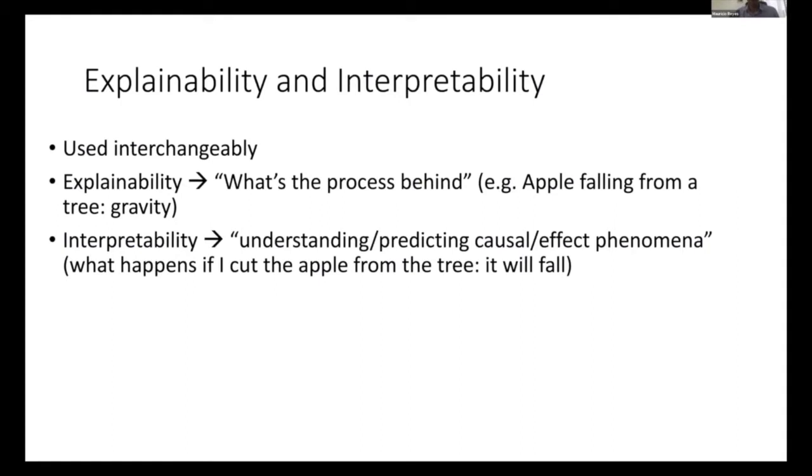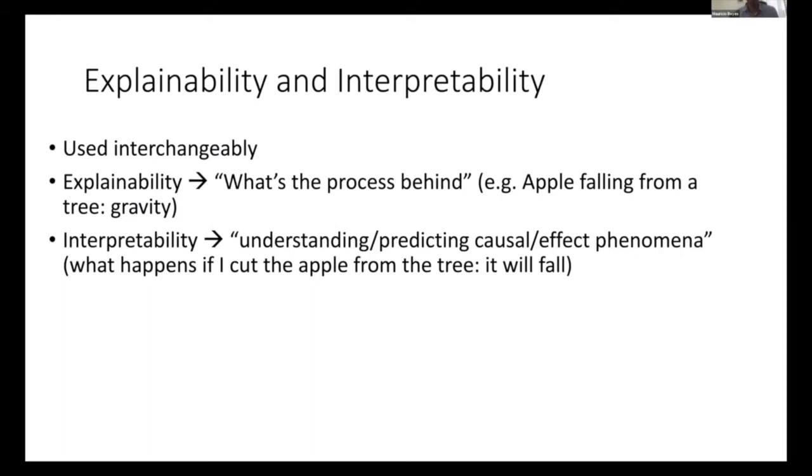Now, in the literature, you might find explainability and interpretability. In practice, I think we can use both. There are some differences. For example, people refer to explainability when you want to explain the process behind something. An example is when an apple is falling, the explanation is that gravity is making that apple fall. Whereas with interpretability, you want to understand or predict the cause-effect phenomena.